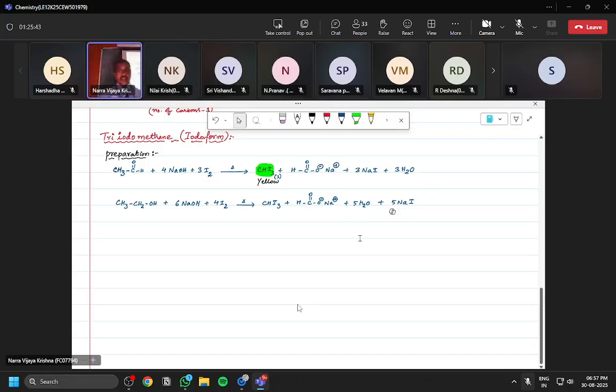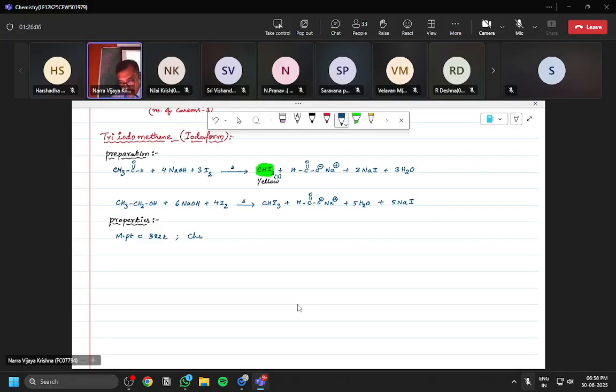Clear? Next, regarding properties. Melting point is 382 Kelvin.